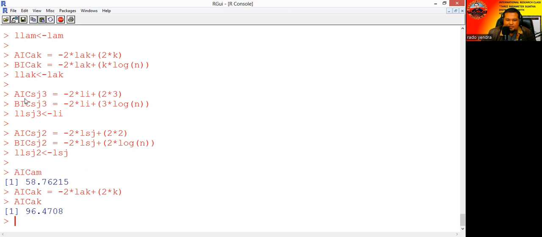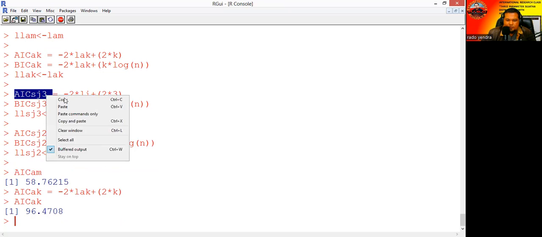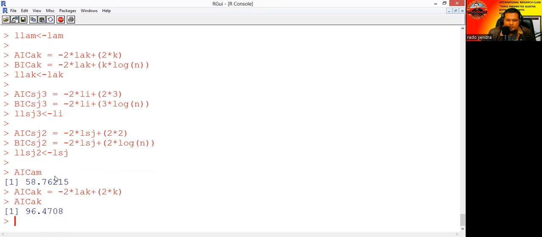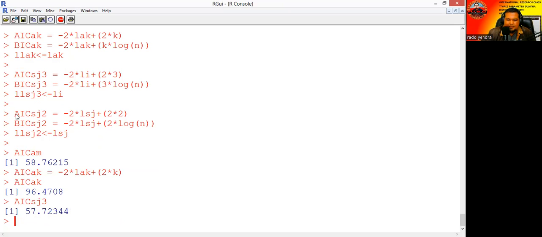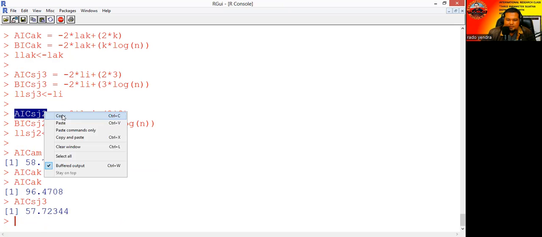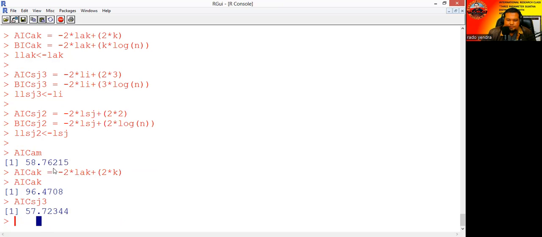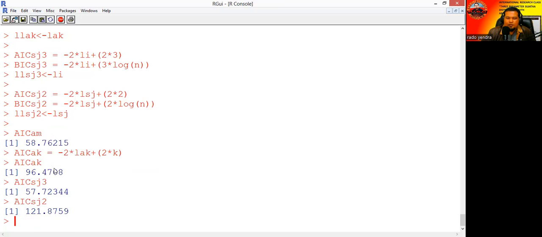Okay, and this is the three parameter Sujatha, copy, paste here. Okay, and then the IC of the two parameter Sujatha. Okay, we can check here.